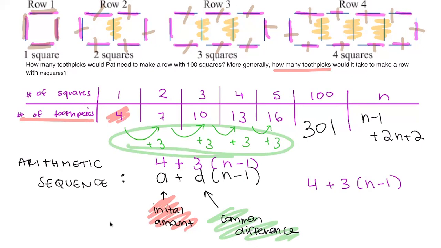But where does the 4 come from in the context of the picture? It's just the number of toothpicks to make one square. This is less meaningful than how we had over here in black, that n minus 1 came from the interior toothpicks, and the 2n plus 2 comes from the exterior toothpicks.